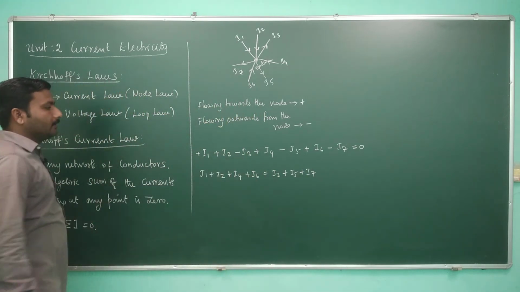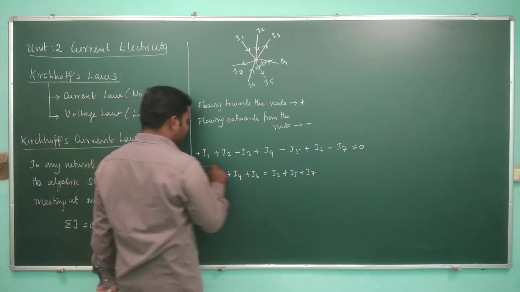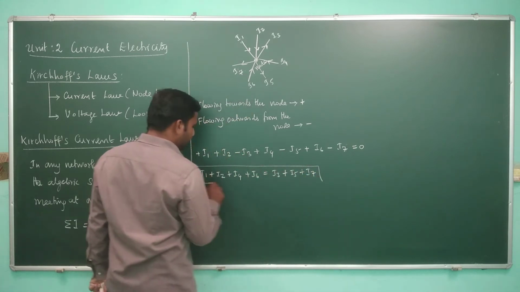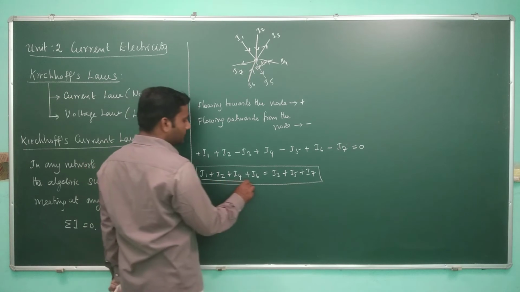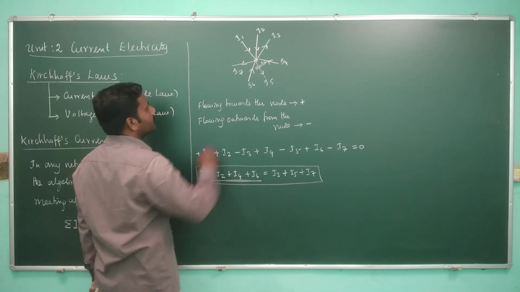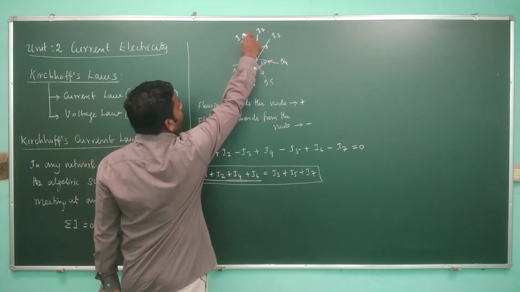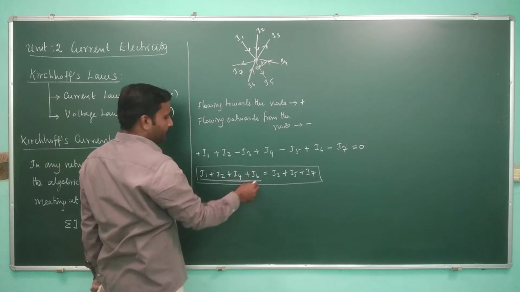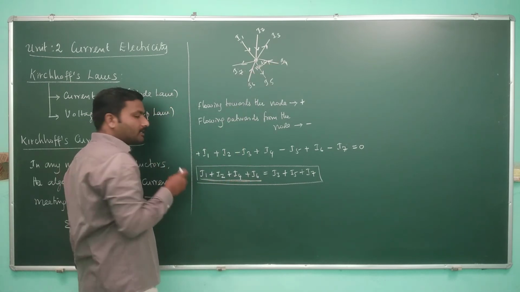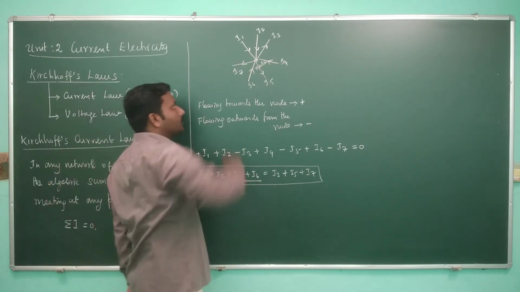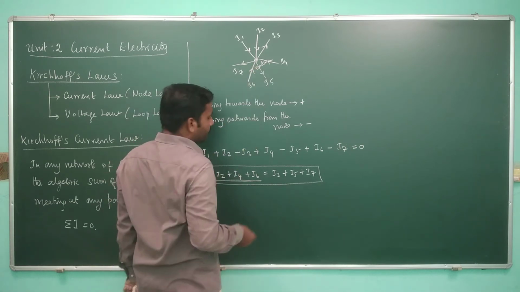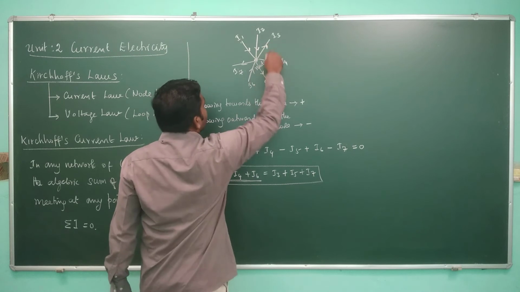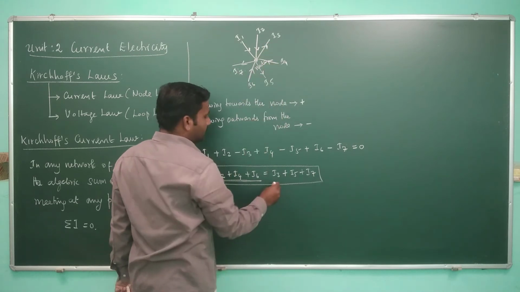According to this expression, it is very clear that the currents through wires I1, I2, I4 and I6 are flowing towards the node, and all these currents come out of the point through wires I3, I5 and I7.